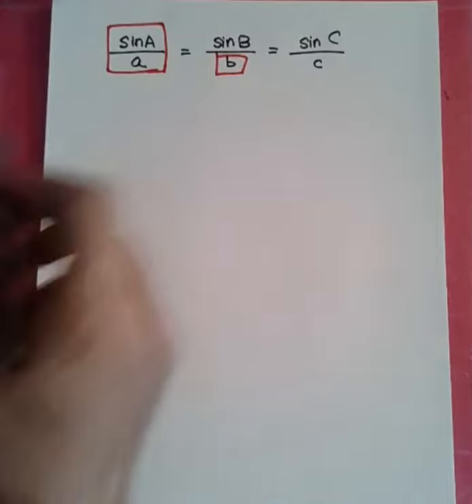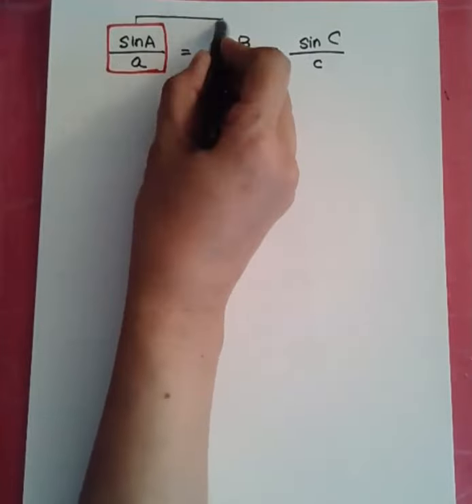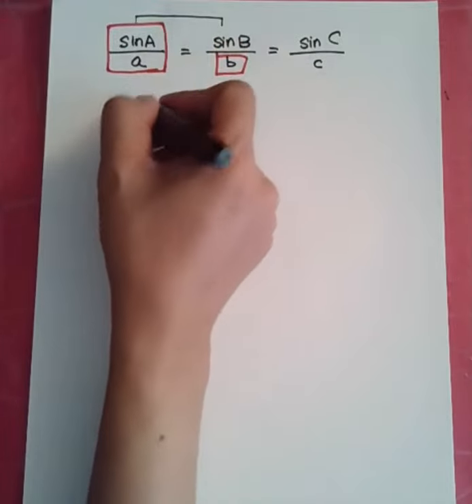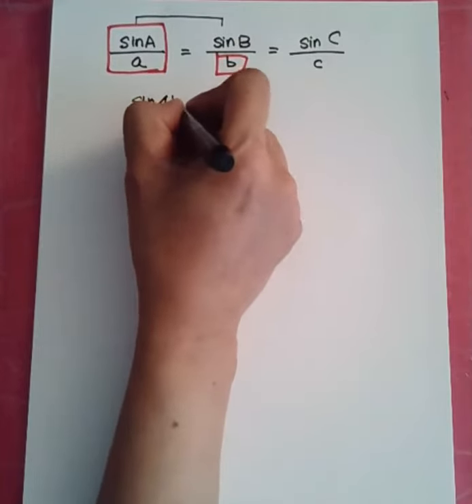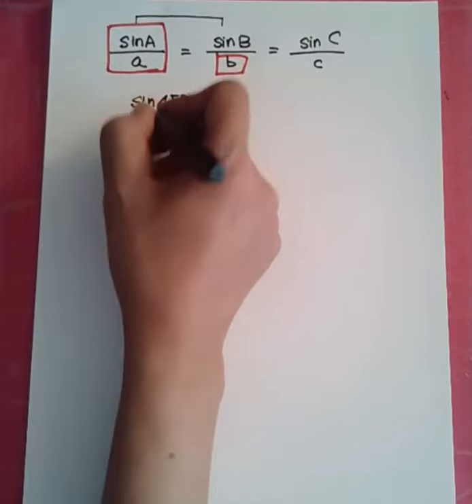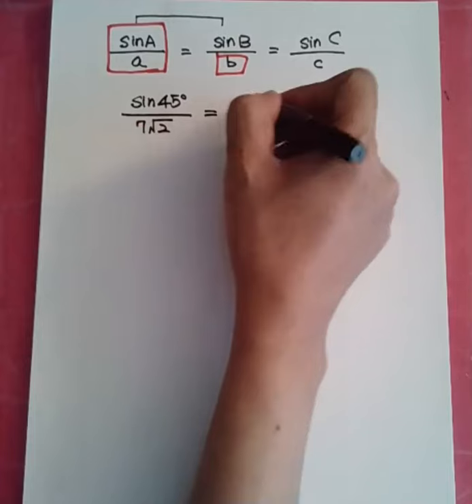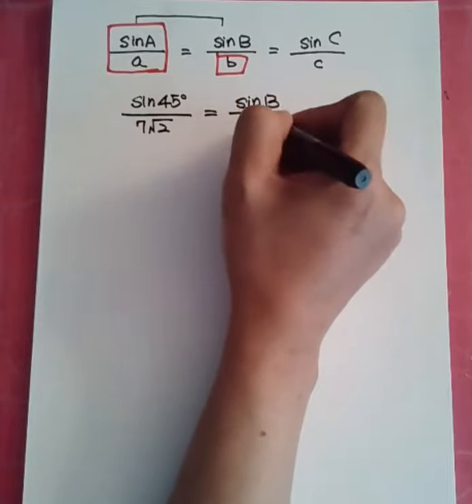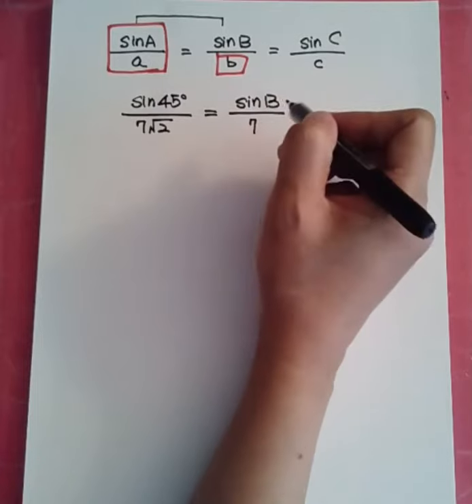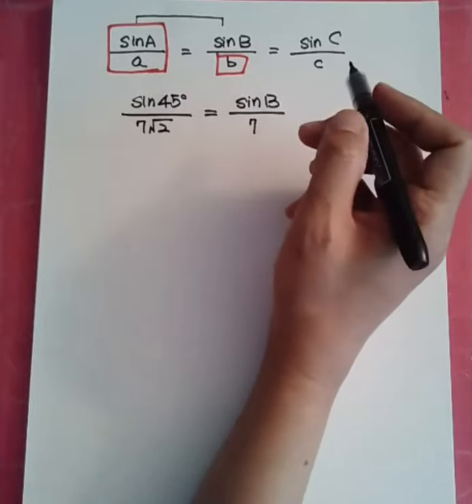Let's do substitution, and we will start with this pair. Sine of angle A was 45 degrees, and the side length is 7 square root of 2. And we don't know the angle B, so sine of B over the side length B is 7.